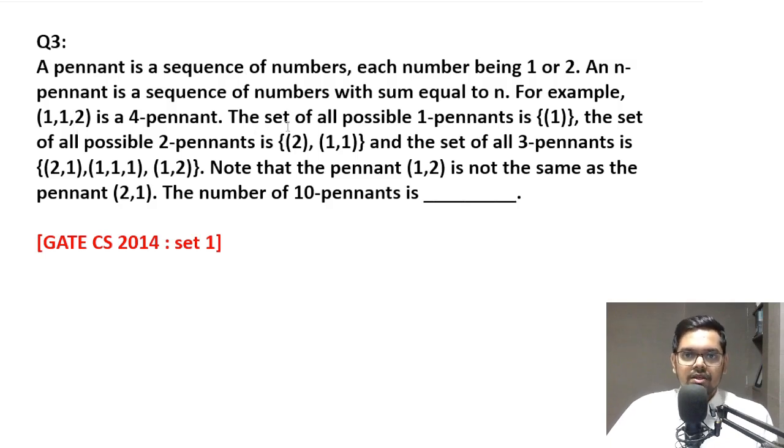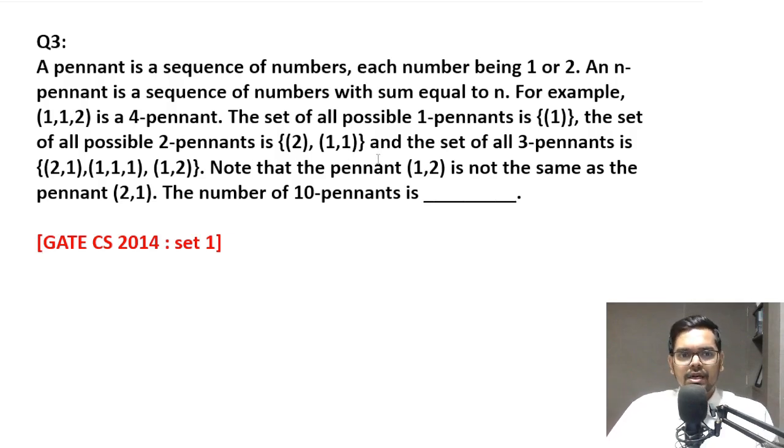The next thing, the set of all possible 1-pennants is this, which makes sense, sum of the digits is 1, right? The set of all possible 2-pennants is (2), (1, 1), which means this ordered set is coming in the 2-pennant criteria because the sum of the digits is 2. This is also coming in the 2-pennant criteria because the sum of the digits is 2, and they are making them into a set.